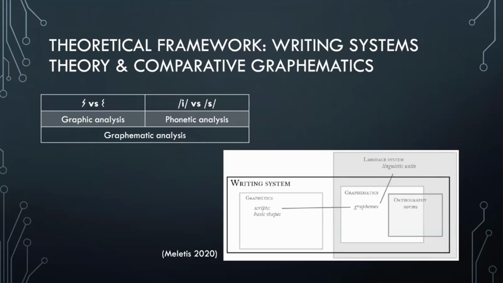Meaning that if we want to compare writing systems, we need to analyze not only the shapes of their signs, but also how these map with the linguistic elements represented by them. That can be called a graphematic relationship or feature. And in the case of these alphabets, of course, these signs render phonemes.